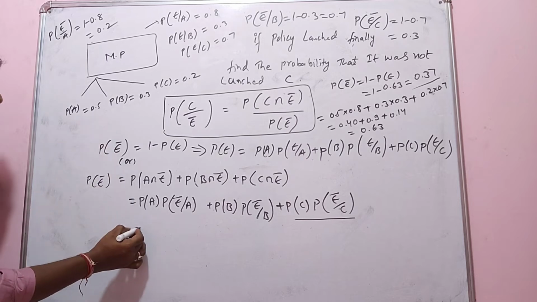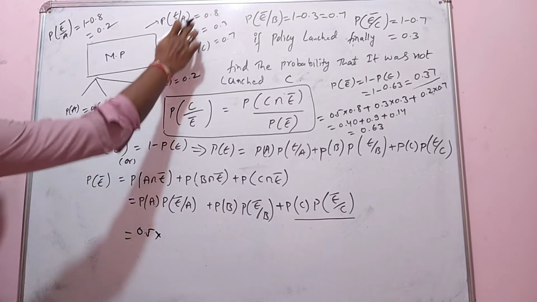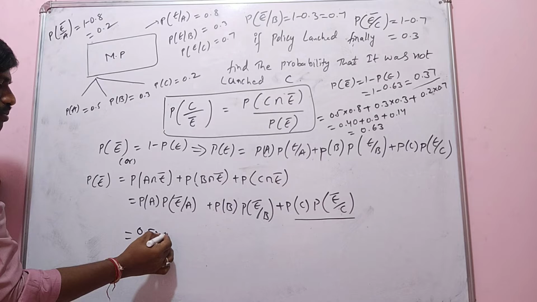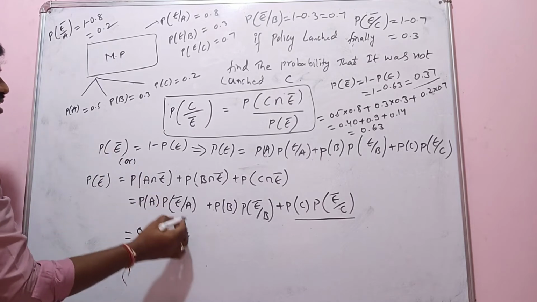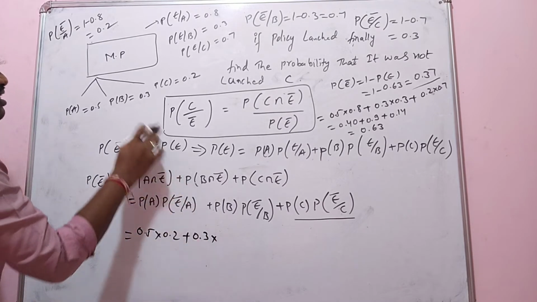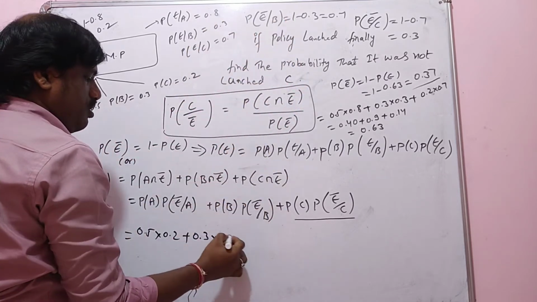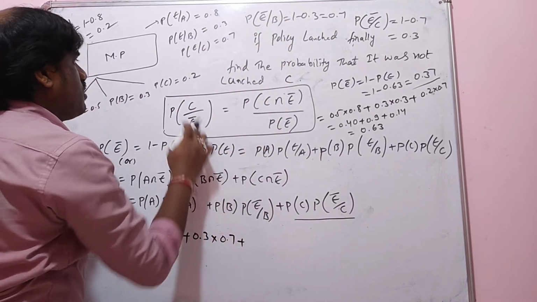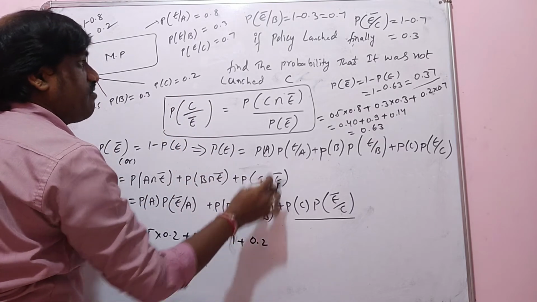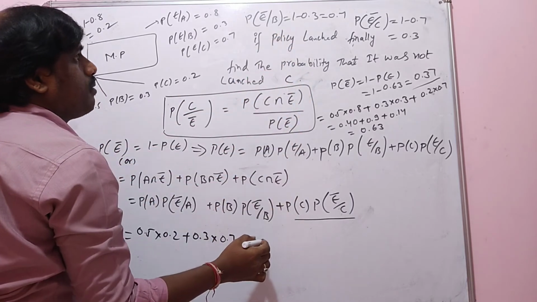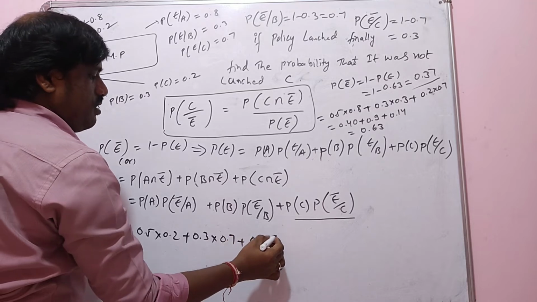Probability of A is what here? 0.5. And probability of E bar by A is 0.2. Probability of B is 0.3. Probability of E bar by B is how much? 0.7. Probability of C is 0.2. Probability of E bar upon C will be 0.3.